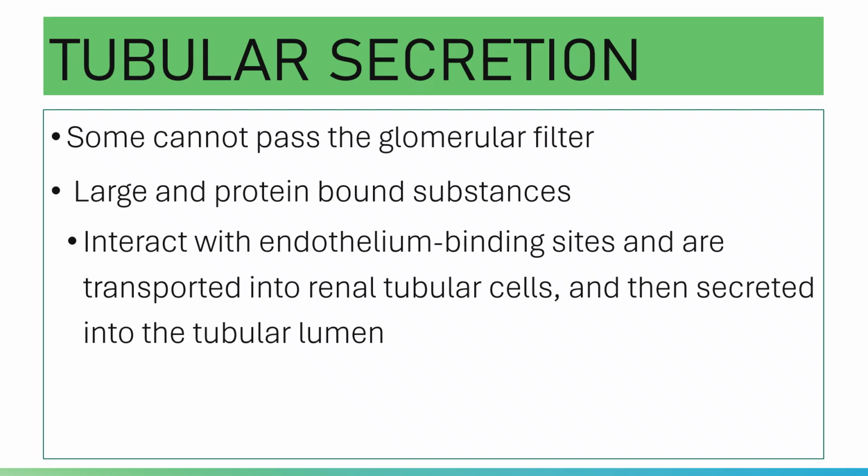Again, some are bound to albumin because they are not soluble in water, and of course, the size is increased. That is why they are not filtered out in the glomerulus. And yes, tubular secretion provides a means for the release of these metabolic products and exogenous sources that are not filtered in the glomerulus.